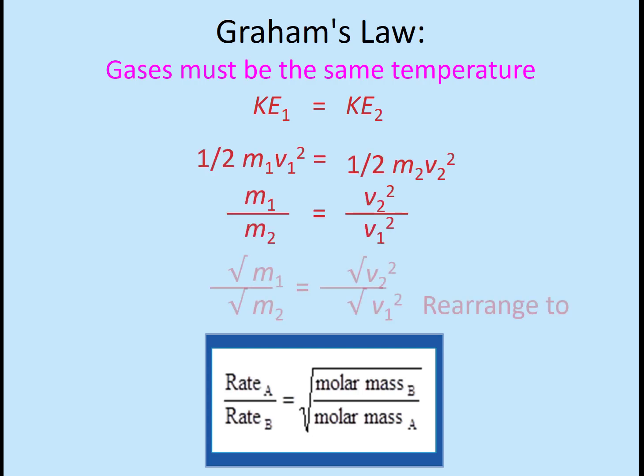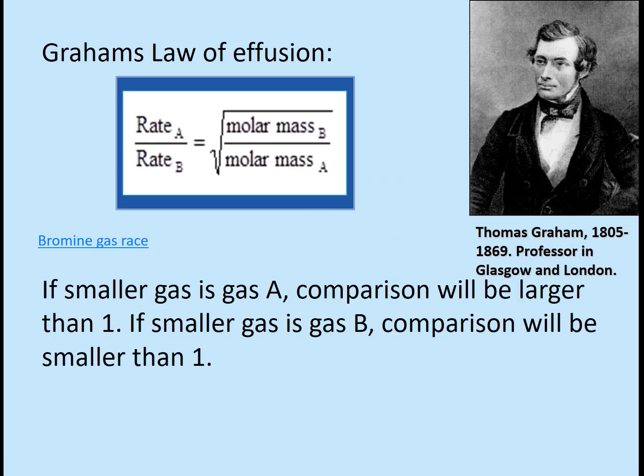We can derive the equation so that we can put all the masses on one side and all the velocities on one side, and we square root both sides, so we end up with a relative rate. It doesn't tell us exactly how fast the molecules are going, but just how fast they're going in proportion to each other.